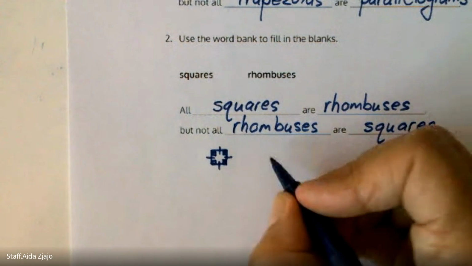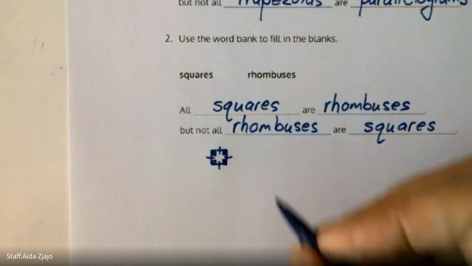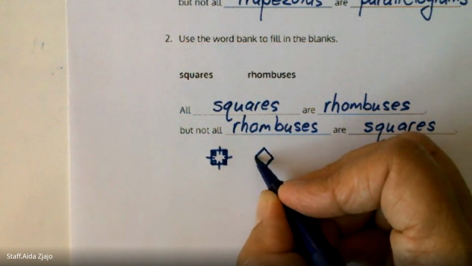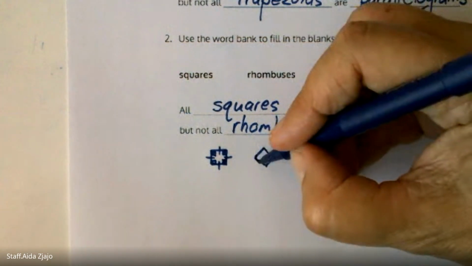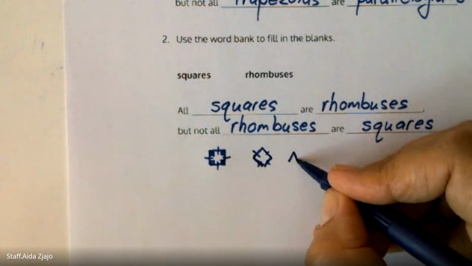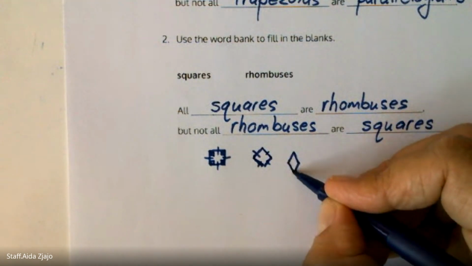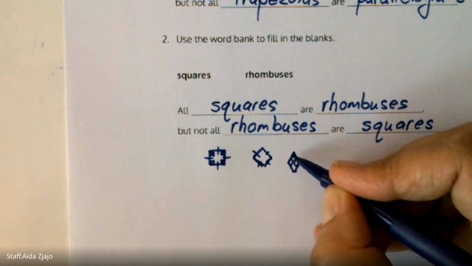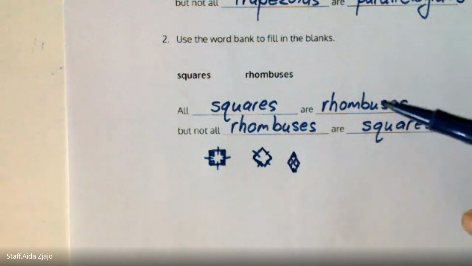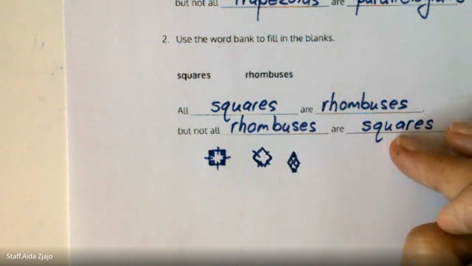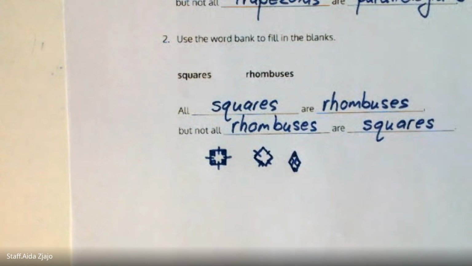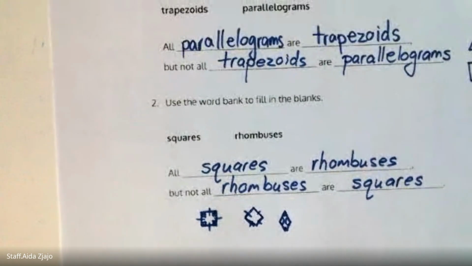When you think about a rhombus, they're all the same sides, but the angles could be obtuse and acute. So a rhombus cannot be a square, but a square can be a rhombus. All right.